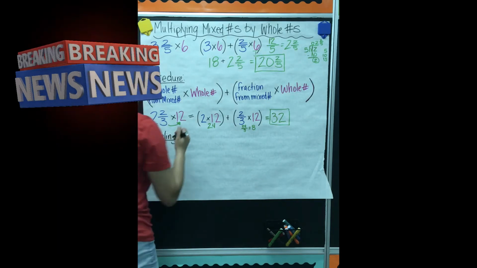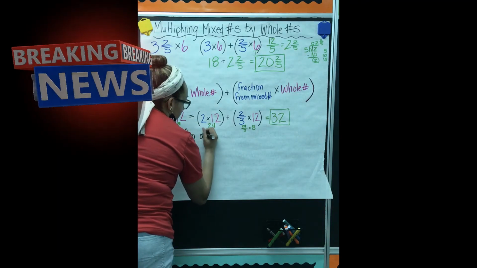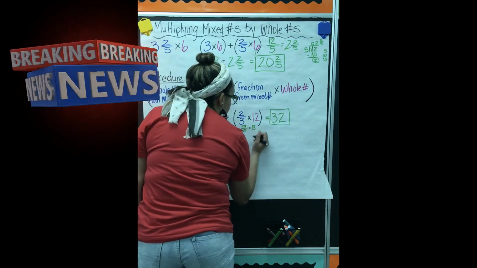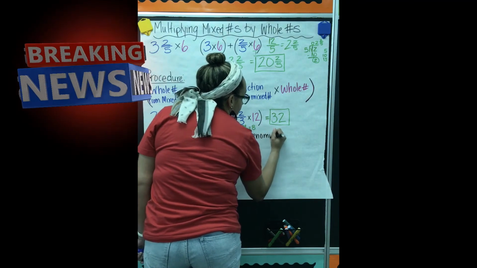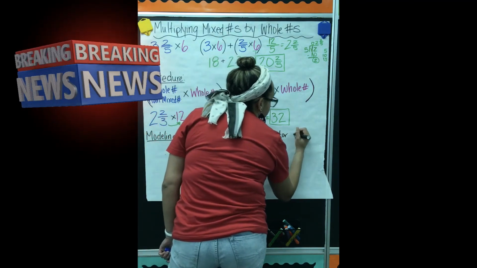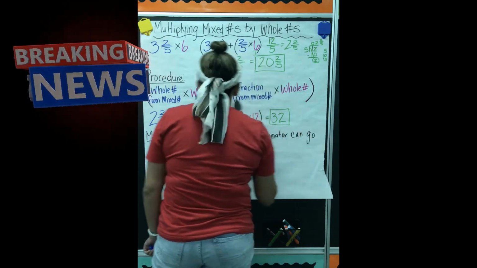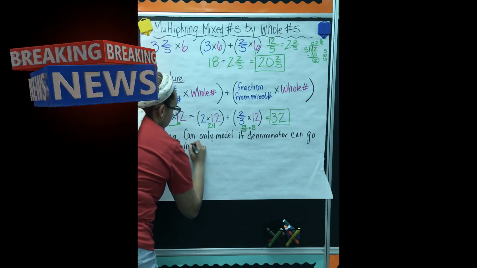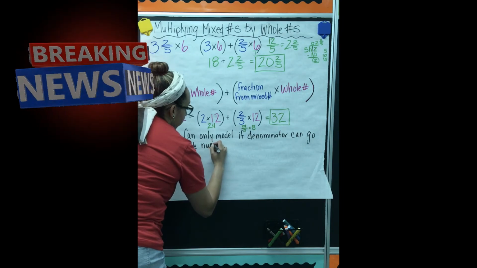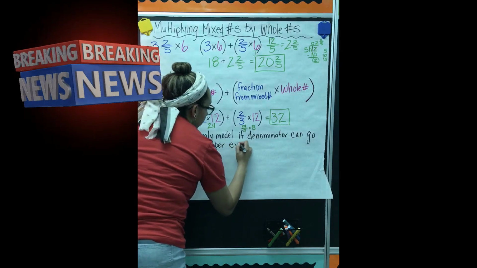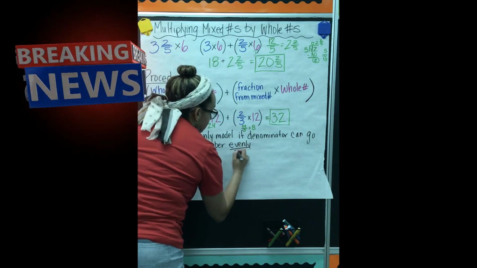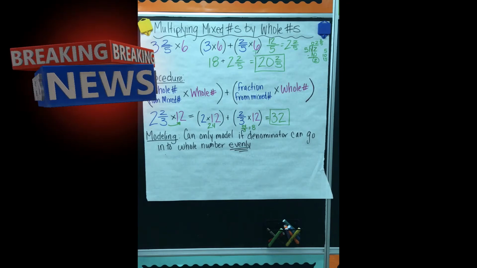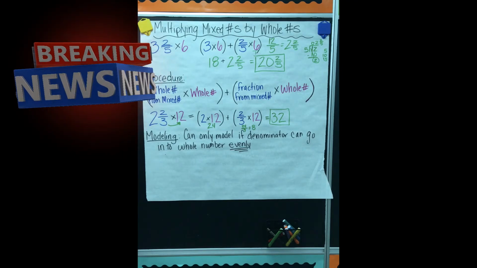So modeling: we can only model if the denominator can go into the whole number evenly, just like if it was a fraction times a whole number. So we can only model if the denominator can go into the whole number evenly. In this case, it can.